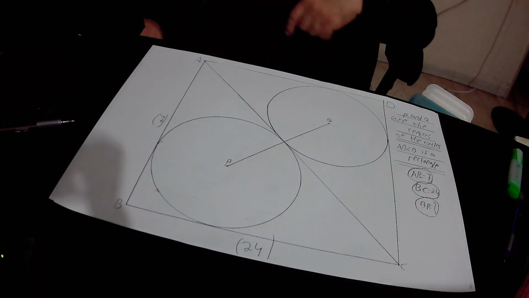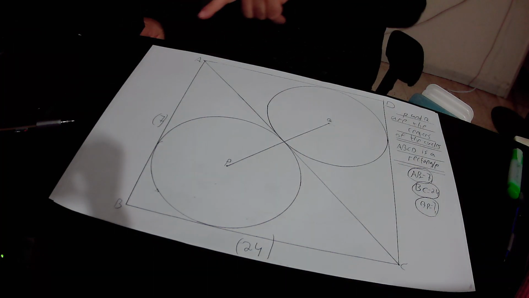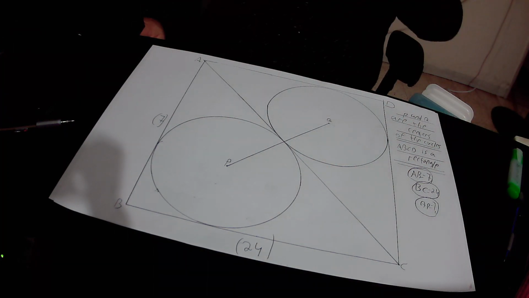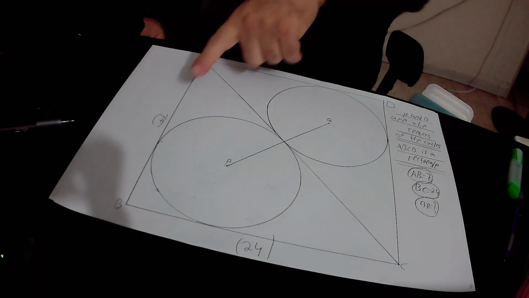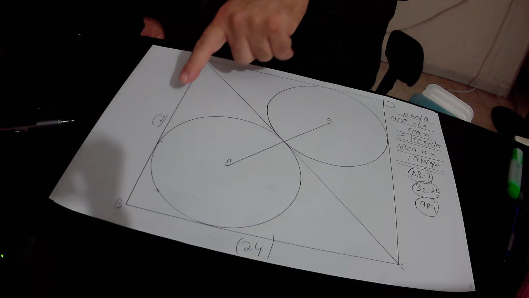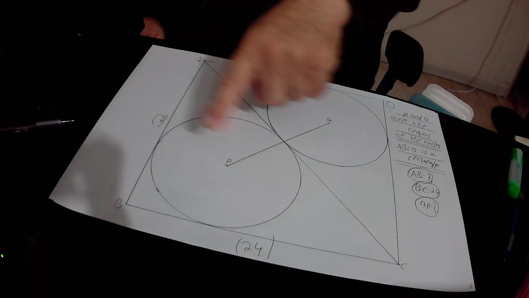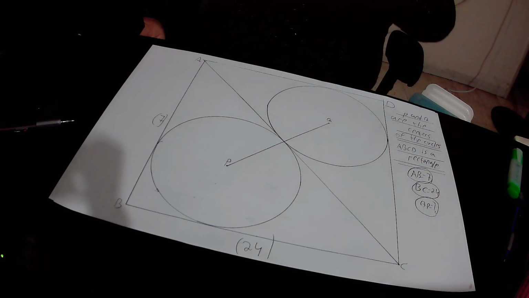And now in this lecture we find out the distance between the centers of two circles. In the drawing we have rectangle ABCD. We know that side AB of this rectangle is equal to 7 units in its length, side BC equals 24 units.